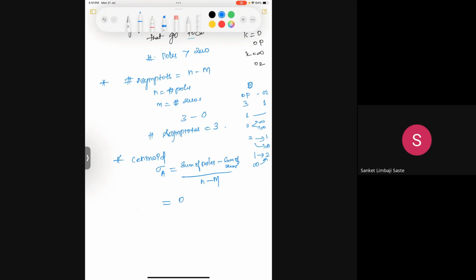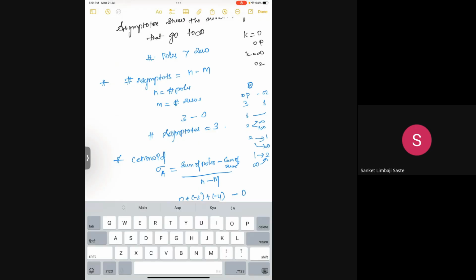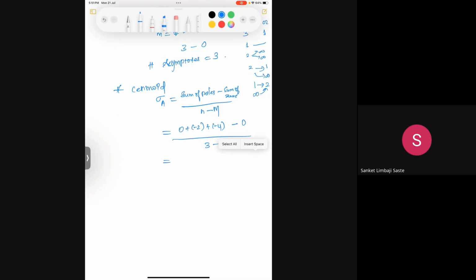For us, the sum of poles is 0 plus minus 2 plus minus 4, minus 0 since there are no zeros, divided by 3 minus 0. Minus 6 by 3 will be minus 2. So the centroid for this particular system will be minus 2.